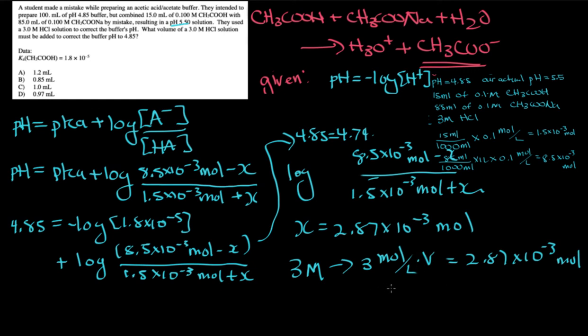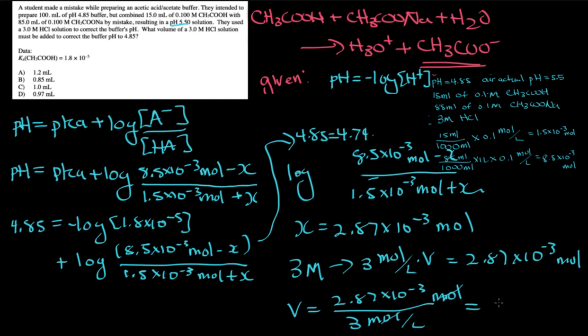So how I set this up is I'm trying to find the v value in liters that will cancel out with this liters and give us this value of moles, and that'll tell me the volume of HCl that we need. So v is equal to 2.87 times 10 to the minus 3 divided by 3 moles per liter. So those moles cancel out, and this 1 over liters comes up, and so we'll get exactly the amount of volume that we need in liters.